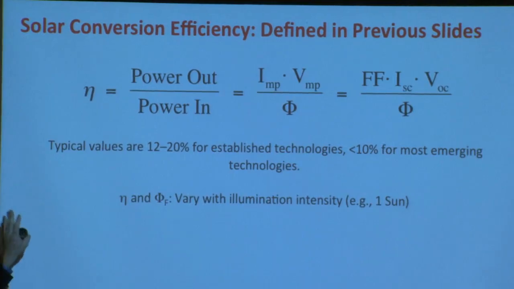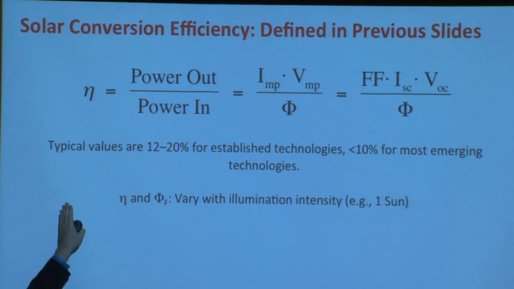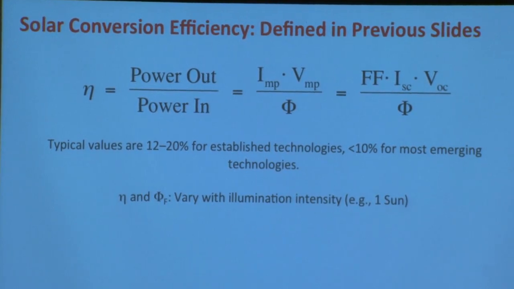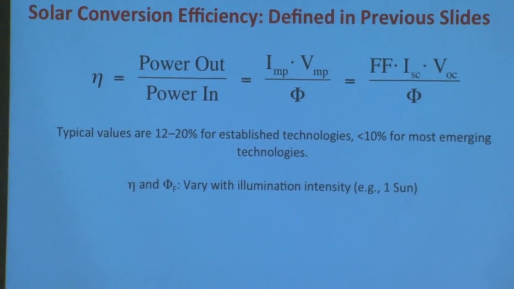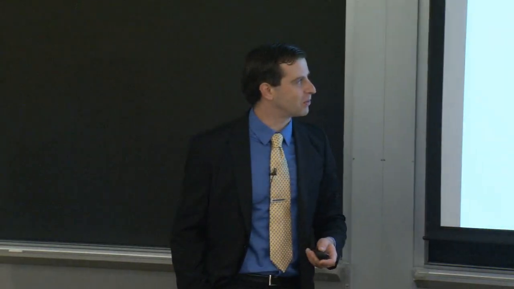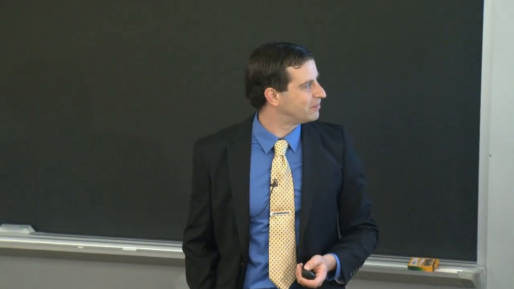Typical values for energy conversion efficiency are in the 12 to 20% range, I would say. Maybe less than 10% for emerging technologies, but these are typical values. And the solar flux, the illumination intensity might vary as well, but typically we talk about one sun or AM 1.5 illumination conditions, right? So that's our spectrum at AM 1.5 conditions, what we did on homework number 1.